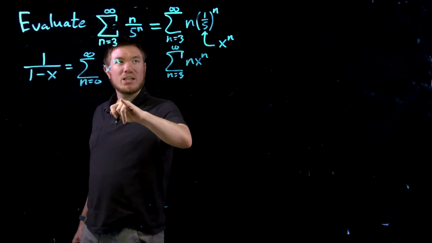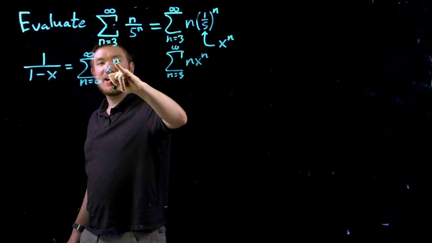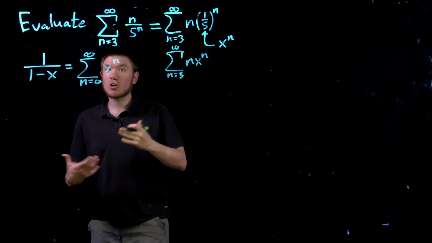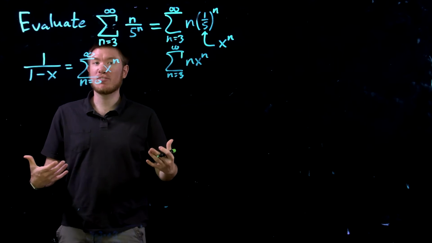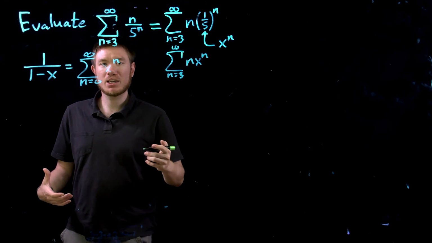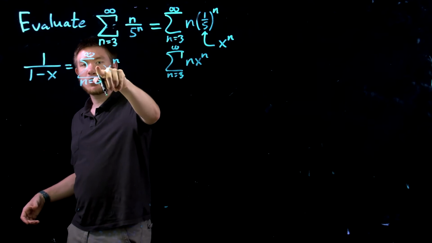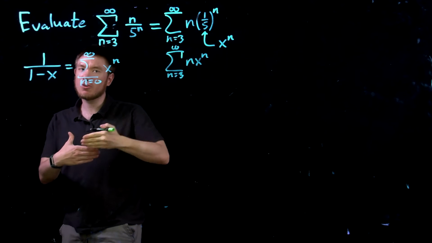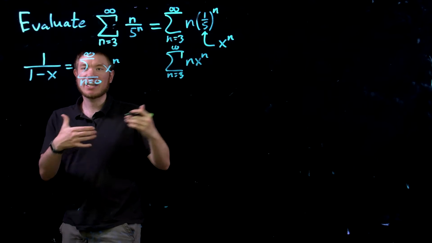But we somehow need a way to get the n from our exponent into our coefficient. And the way we're going to do that is we're going to take a derivative. Because when we apply the power rule, the n will come down into our coefficient, and the power will decrease by 1, but we'll deal with that problem when we get there.